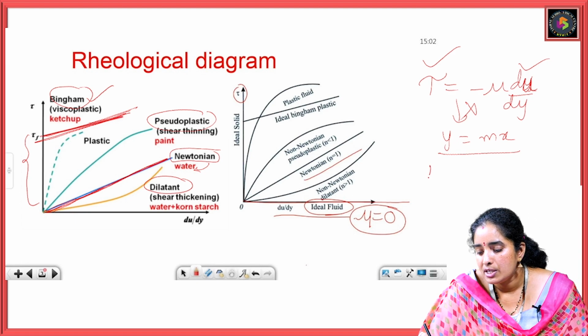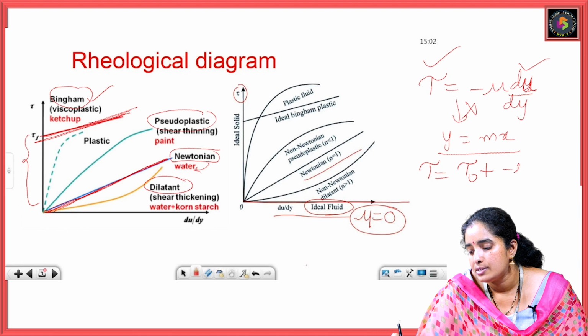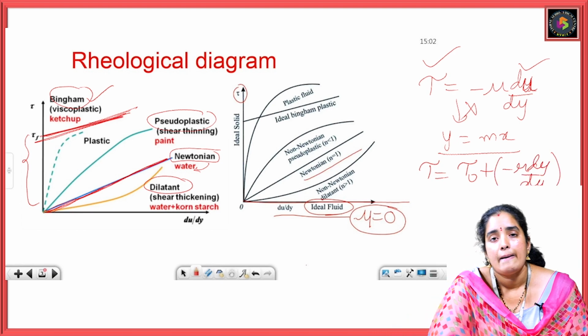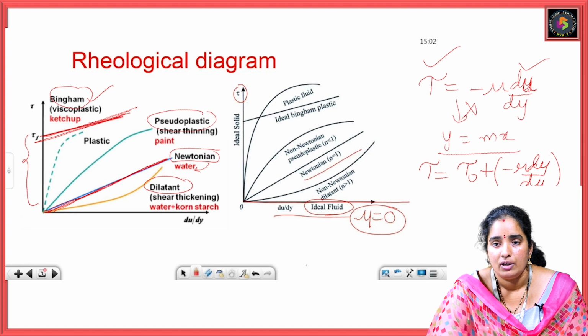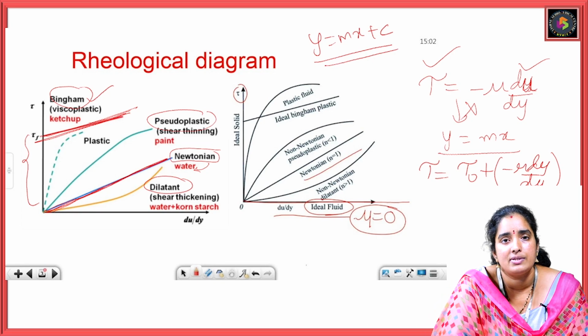The behavior of such fluids can be expressed as tau is equal to tau naught minus mu into du by dy. In mathematics, we have heard of the intercept form of equation, y is equal to mx plus c, right?